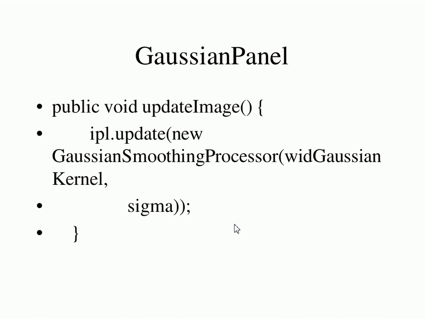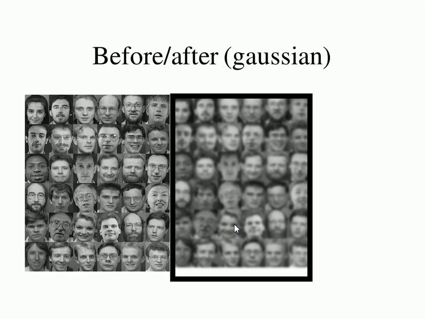Say 31 by 31. That's not particularly large. But even with the fastest subroutines in Java Advanced Imaging, assuming you're not using FFTs, that kind of a convolution could take you like a second on a 1024 by 768 color image. So that's a substantial amount of compute time. That means you can't do it in real time if you're using naive convolution.